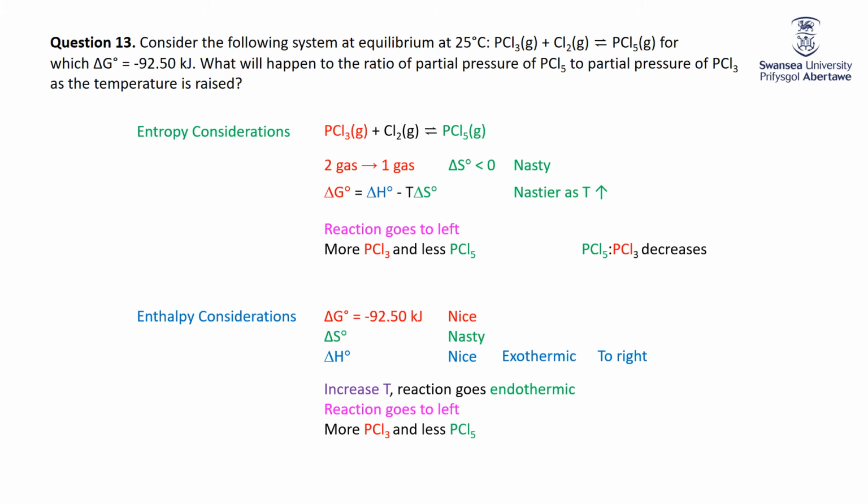The reaction goes to the left, more PCl3, less PCl5. The PCl5 to PCl3 ratio decreases. Fortunately, it's obviously not a coincidence in this particular case because I picked the questions, but both entropy and enthalpy considerations would indicate that the reaction goes to the left when the temperature is raised.